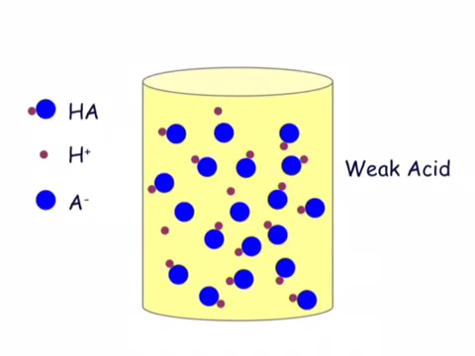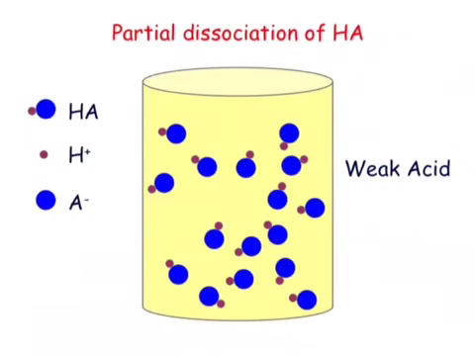Now, a weak acid or a weak base, what happens is we take this acid and we put it into water, and most of it stays together. We get a couple of them that break apart. So this is what we call partial dissociation.